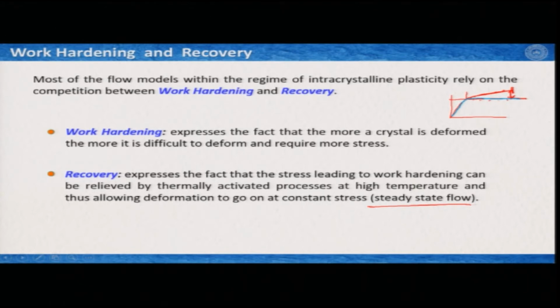That means you do not need more stress to deform the rock. So, at a constant stress you can continue the deformation. So, from this slide we can summarize that the intracrystalline plasticity mechanism is a competition between work hardening and recovery. Whoever wins, the deformation continues, or deformation stops, or the crystal or the polycrystals produce fractures.